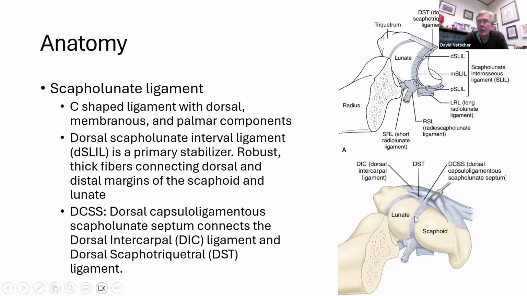So when people get a partial tear, they may have pain in this area, but it's going to involve the less critical areas, the volar portion of the scapholunate joint. And those you might detect then on an MRI, and the dilemma is what to do with those, and we'll get to that in a minute.